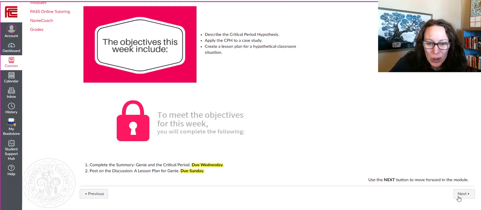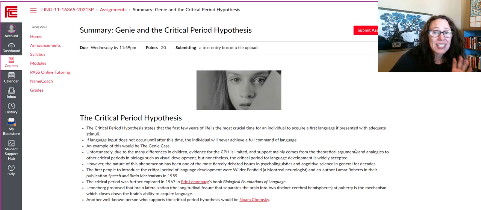Okay, so the first one is a summary, and this is all about the critical period hypothesis or critical period theory. It wasn't the original idea of Chomsky, but it was based on Chomsky's ideas about the way that he believes that language works in the brain, especially the language acquisition device.